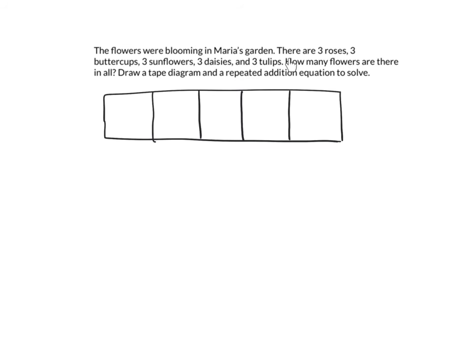So I see 3 roses. Remember it's just going to be quick, 3 roses. I see 3 buttercups. I see 3 sunflowers, 3 daisies, and 3 tulips.